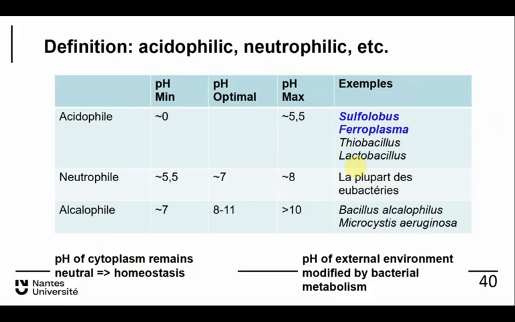Okay, so that's enough about oxygen, I guess. The next environmental condition is pH. So most eubacteria are neutrophiles. That is, they prefer to grow at neutral pH plus or minus 1.5 pH units.